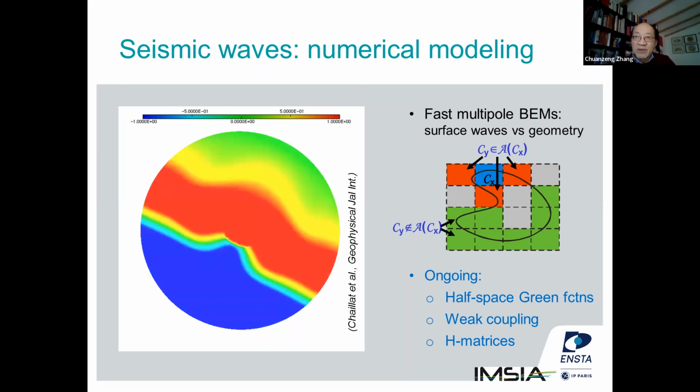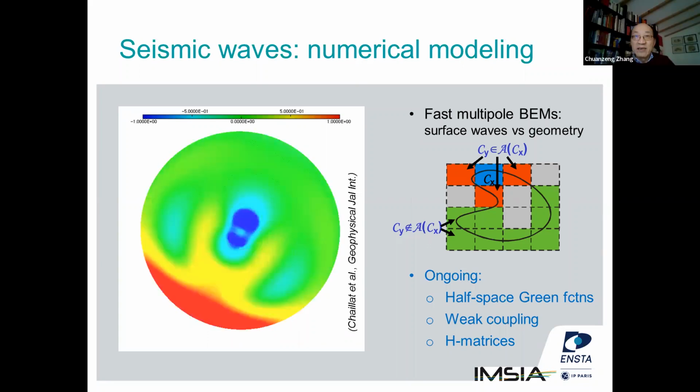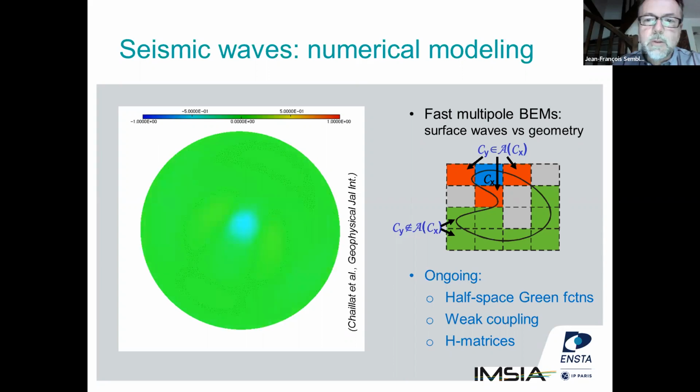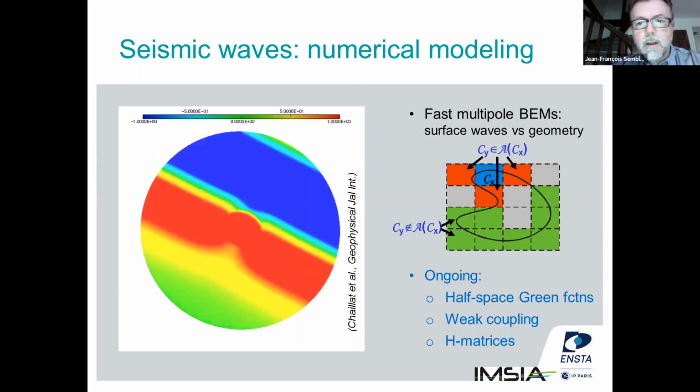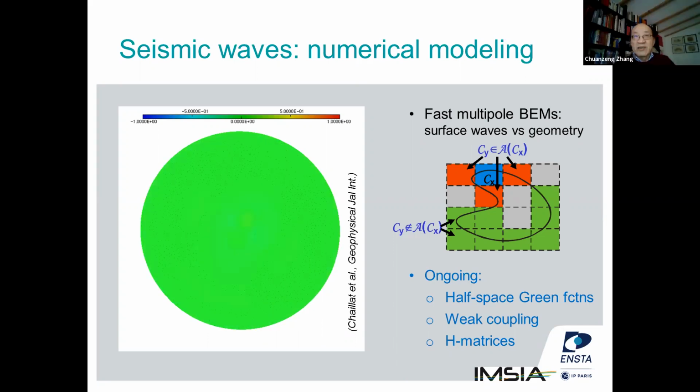In terms of infinite integrals, I think you have three integrals here from minus infinity to plus infinity. I may send you the reference of this paper by Stéphanie and Marc on the half-space Green's function for the fast multipole boundary element method. Great, thank you.